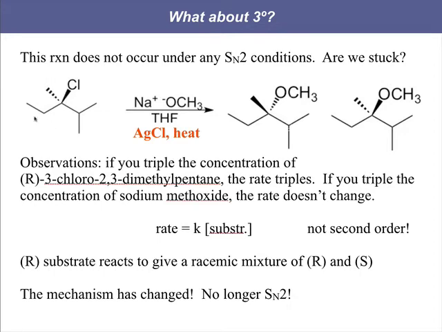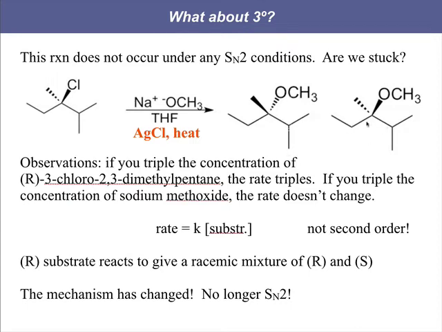We are going in the R configuration. If we start with the R, if this were an SN2 reaction, we should get all inversion. The OCH3 should add from the back side, which means that this product is the only product we would get if this was SN2. We also get this product.